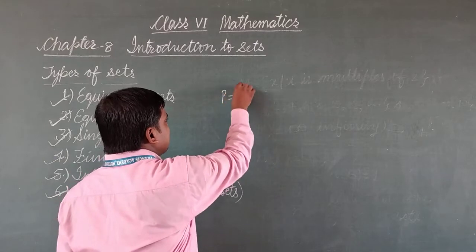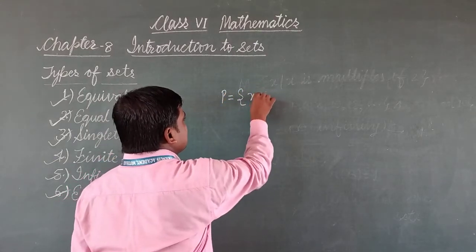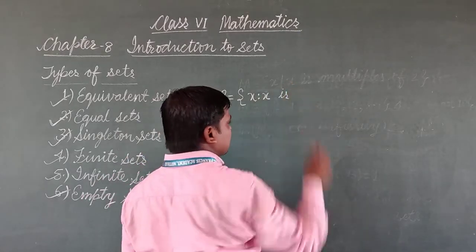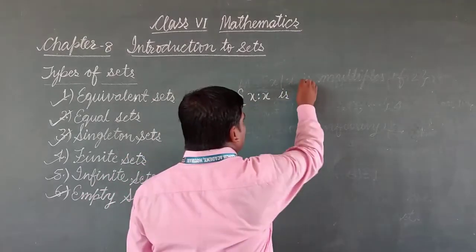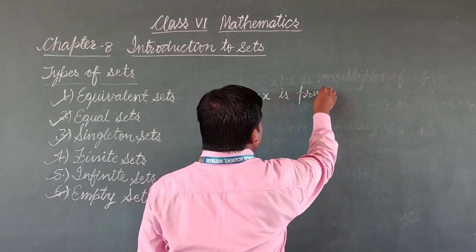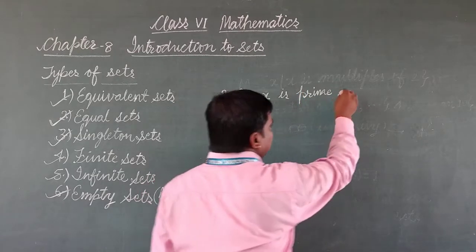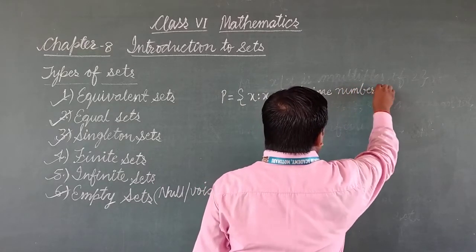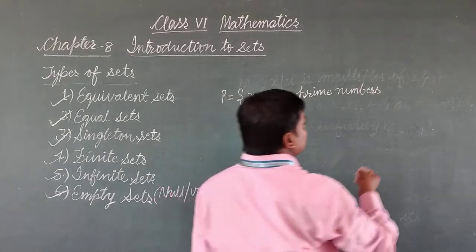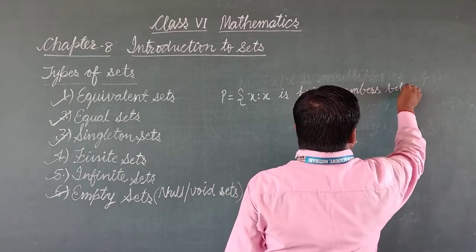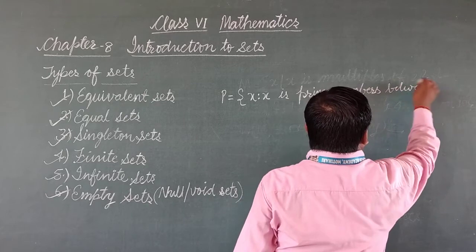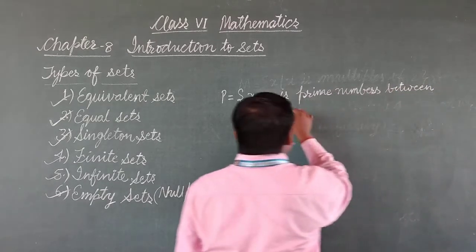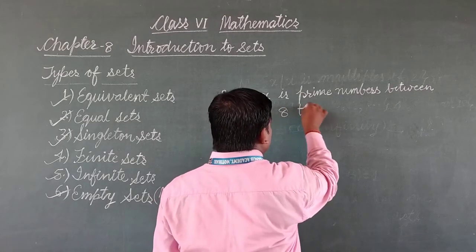Suppose P is a set X such that X is prime numbers between 8 to 10.